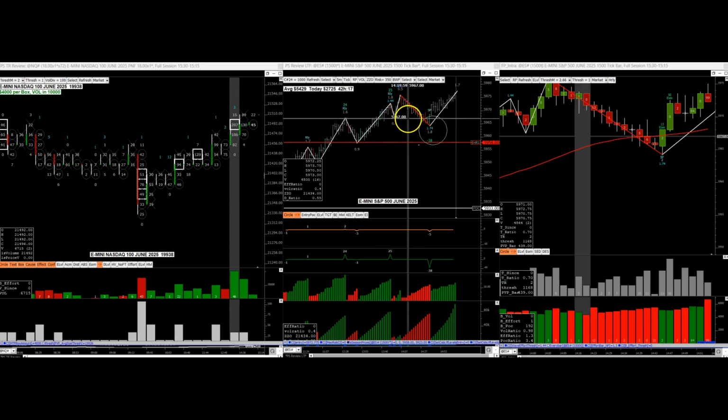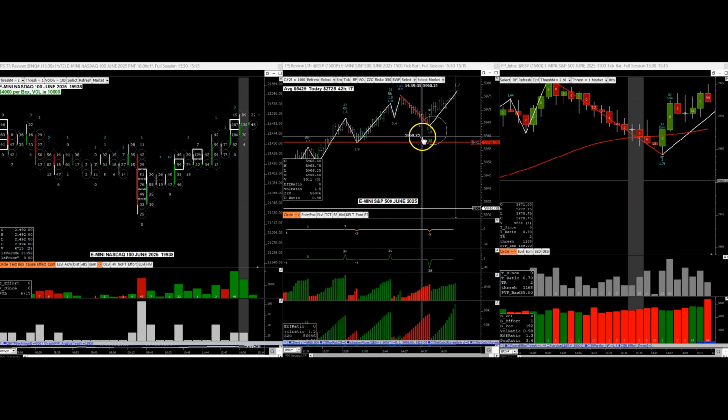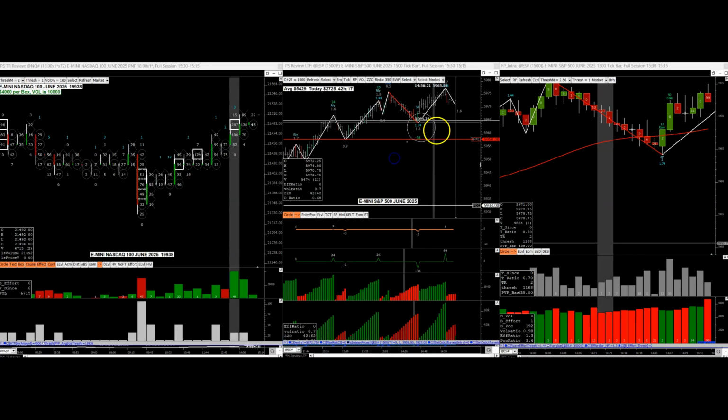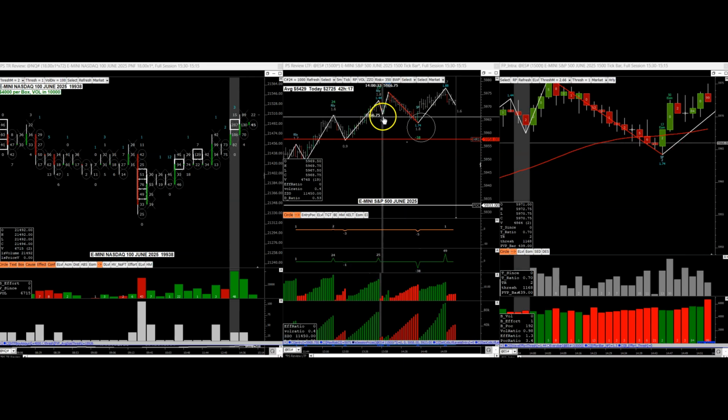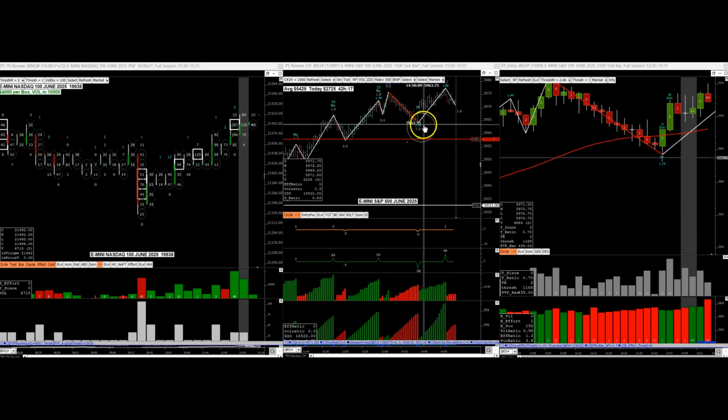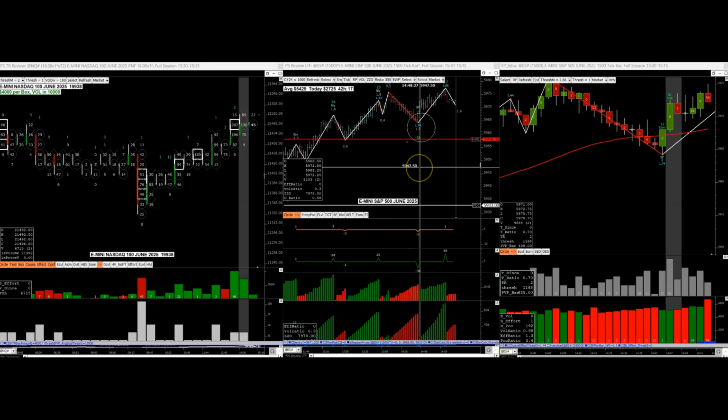It's the same thing as the ABC, but it's a spring nonetheless. How it works: they take out the stops at a minor support level, and then close above it with strength, with demand.